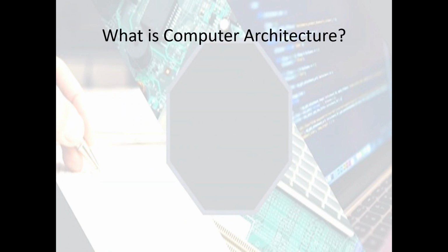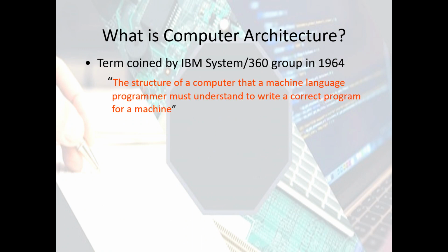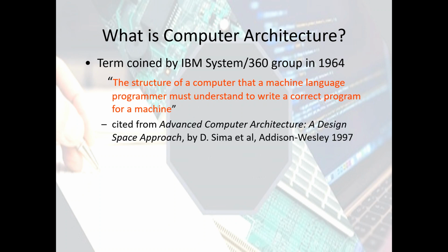So what is computer architecture? Computer architecture refers to the design and structure of a computer system, including its components and the way they interact. It involves defining the organization, functionality, and connectivity of the various hardware elements, such as the central processing unit or CPU, memory, input and output devices, and the system's overall structure.